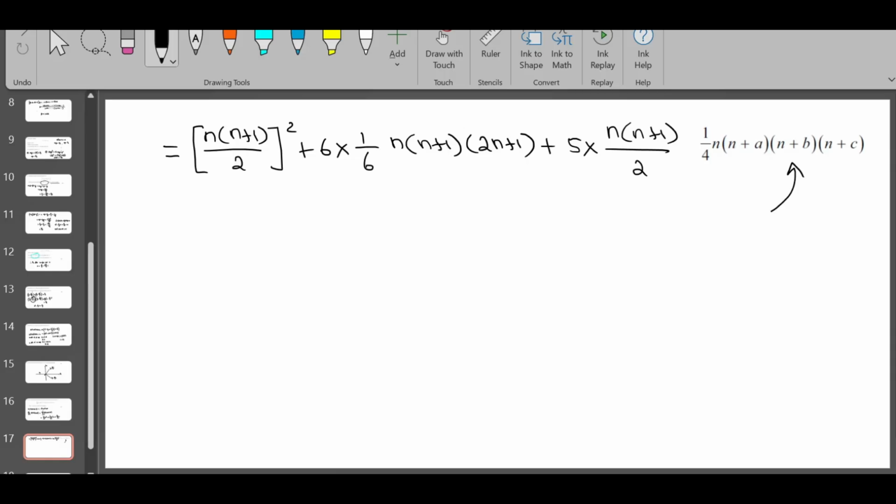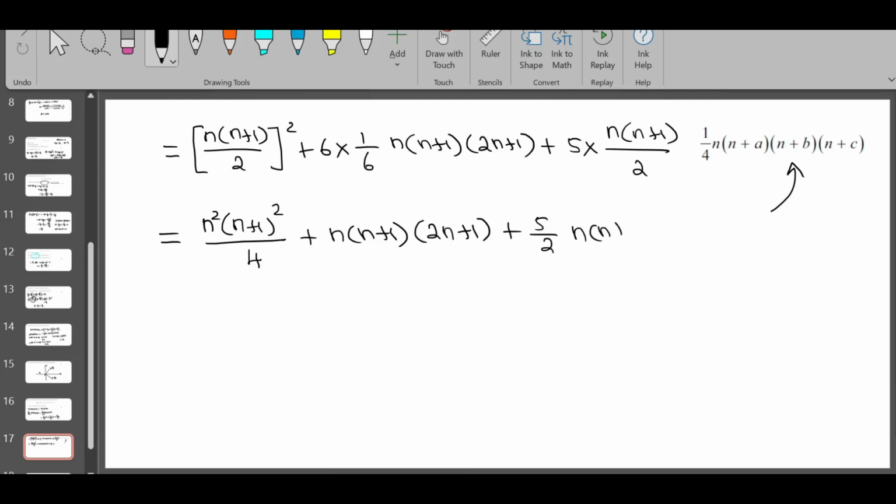So if you look at all the three terms, probably I'm going to write this first term as n squared times n plus 1 squared, divided by 4. 6 will be cancelled. So n times n plus 1 times 2n plus 1, plus 5 over 2 times n times n plus 1. Okay, we need 1 over 4 n.